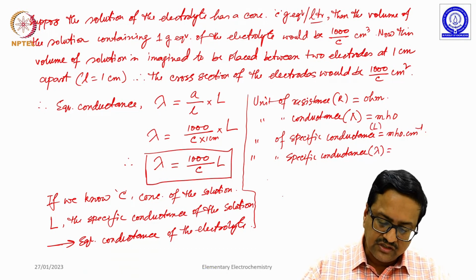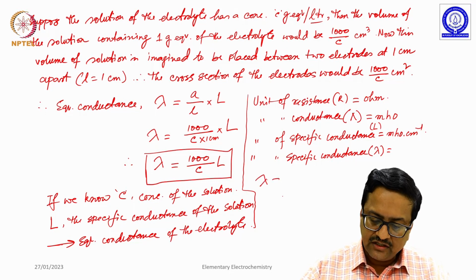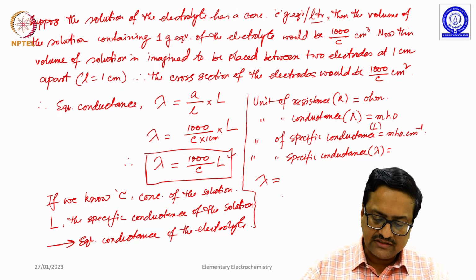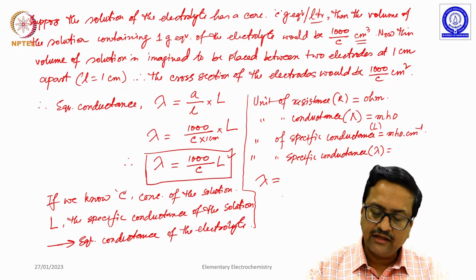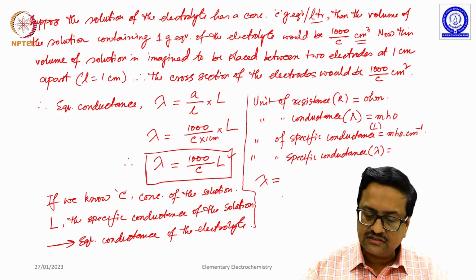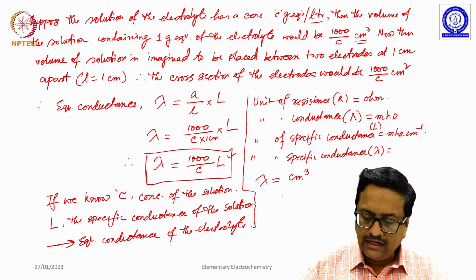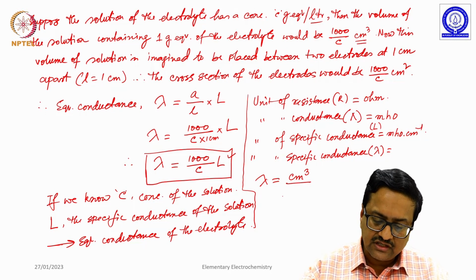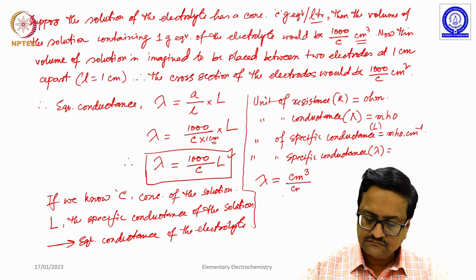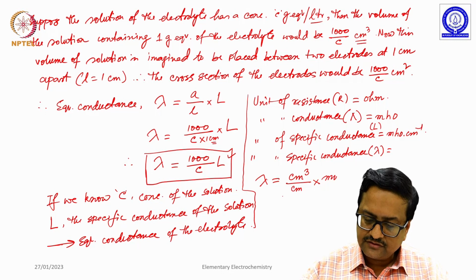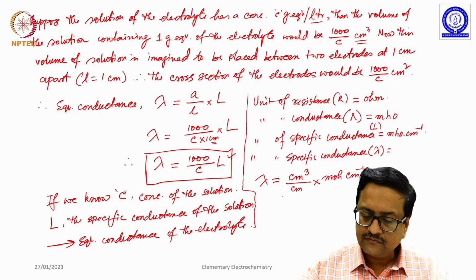Now we can derive the unit of lambda using this equation. 1000 by C has the unit of centimeter cube, and capital L is mho centimeter inverse.